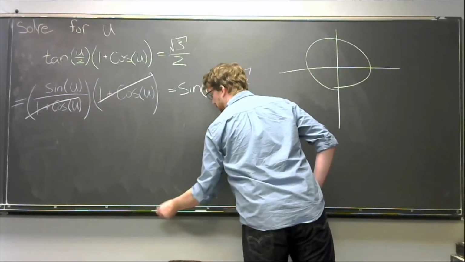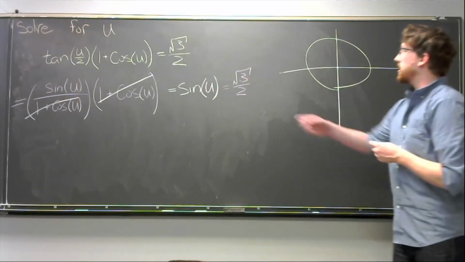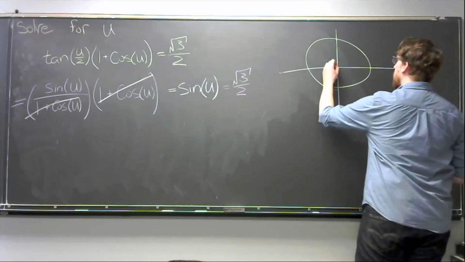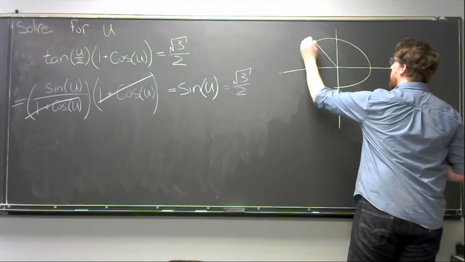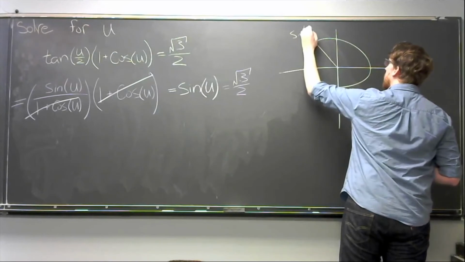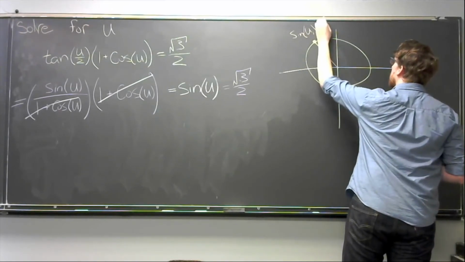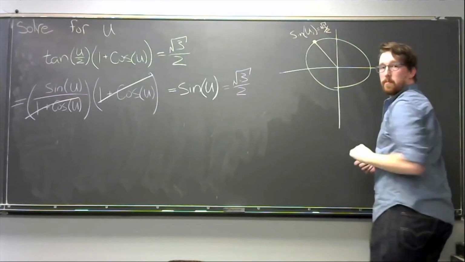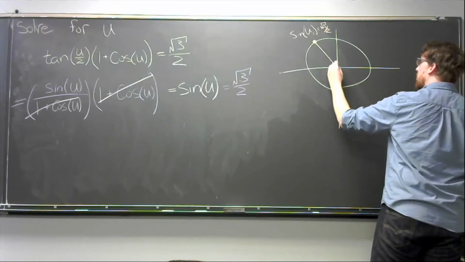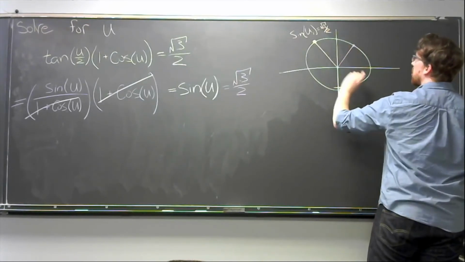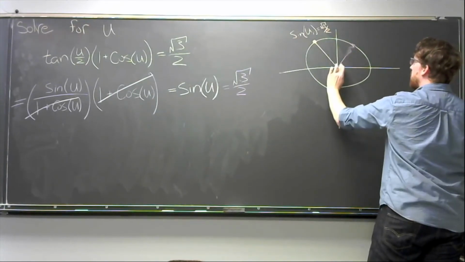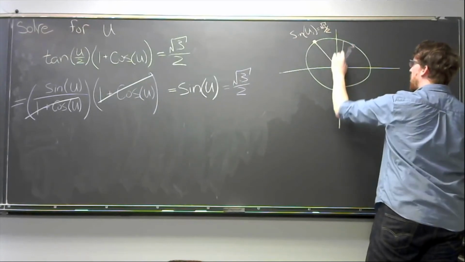And on the unit circle, we find that the sine of u equal to the square root of 3 over 2 has 2 solutions. One here, and the next one right about here, at the same spot straight across, which this is not, but my circle is kind of wonky anyhow.